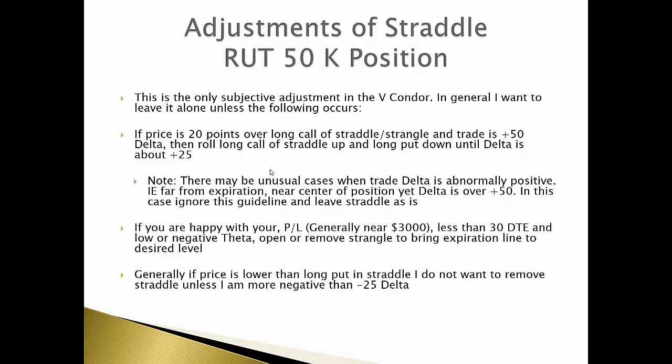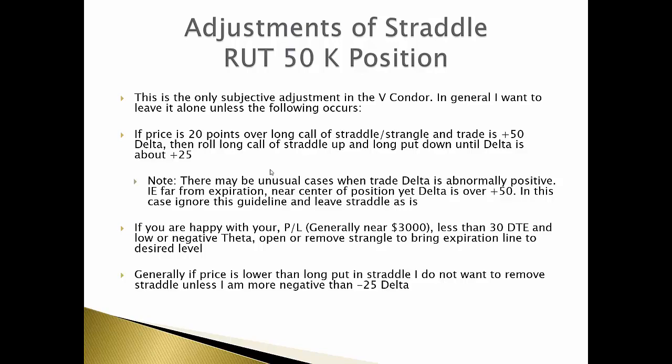You would have been better off being in a regular Condor if you get into one of these and the market doesn't move, because you pay to have that V in there. You pay for the volatility protection. So there are some times where you need to do adjustments or completely remove the straddle altogether. This is probably the only really subjective adjustment in the V Condor.